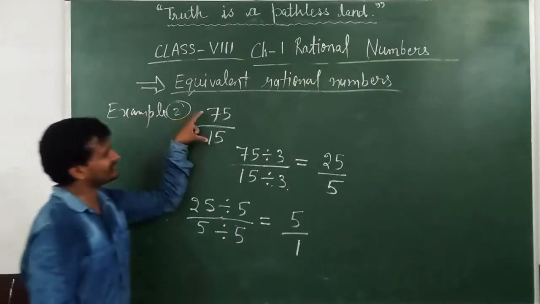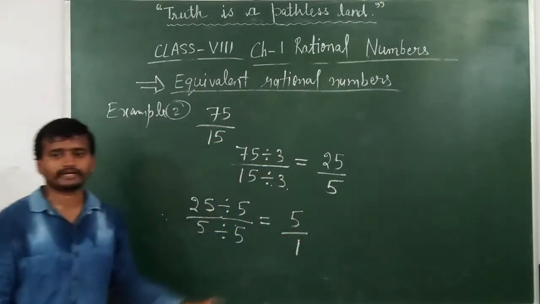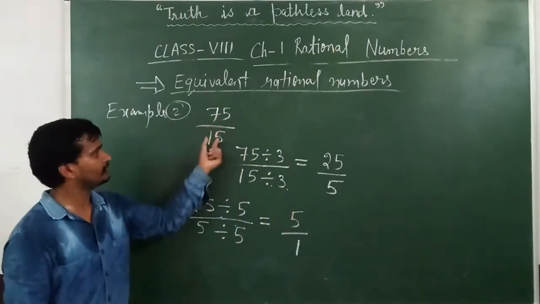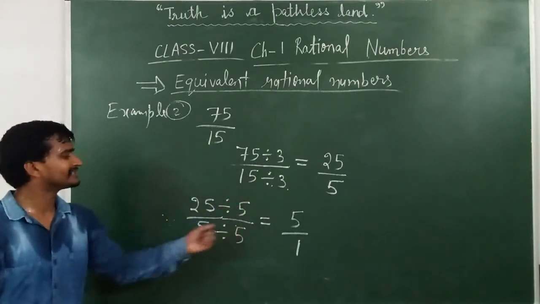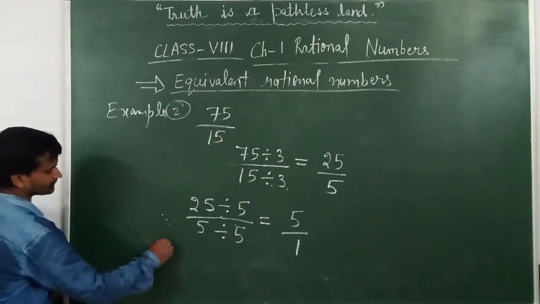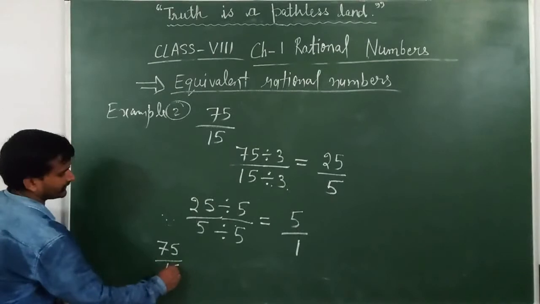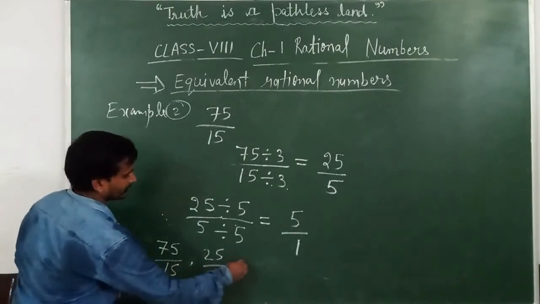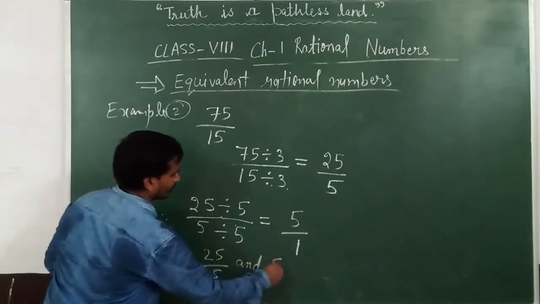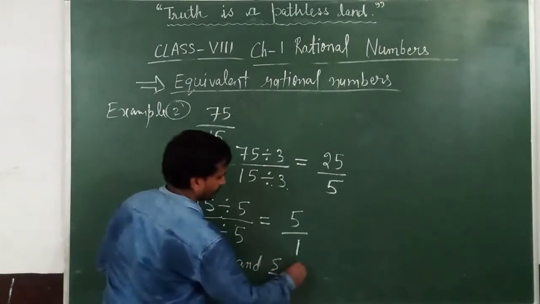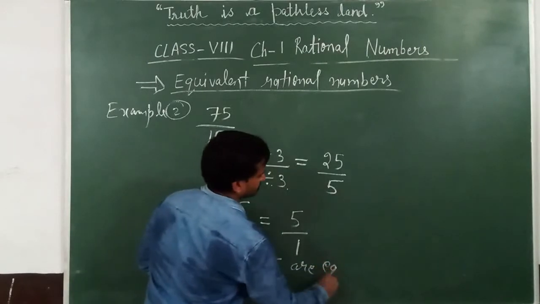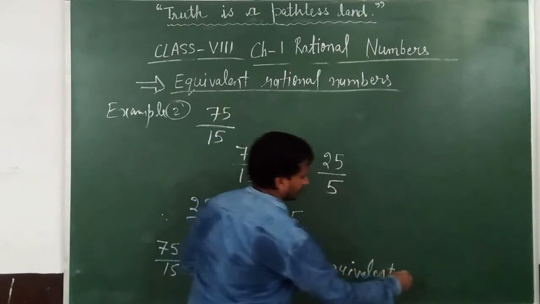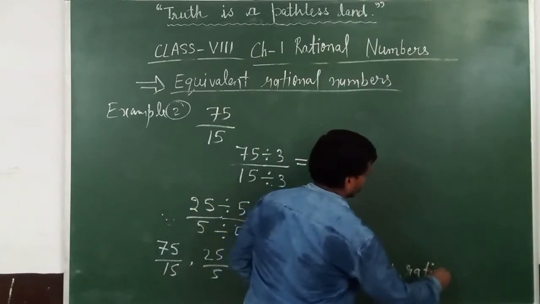So we can say that these are equivalent fractions because these are obtained by dividing the numerator and denominator by the same number. So we can write 75 upon 15, 25 upon 5 and 5 upon 1 are equivalent rational numbers.